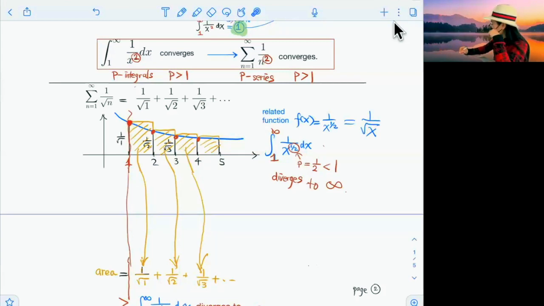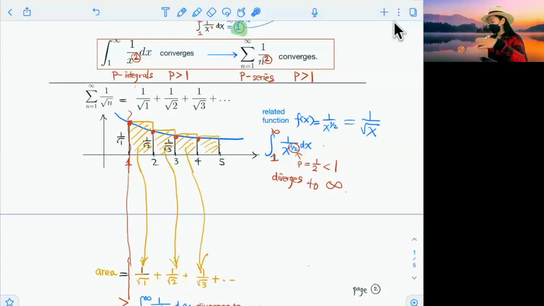Because it's decreasing, the left-hand point is always the highest point in the interval, since everything else is going to be less than that. So when you take the left-hand point, this rectangle is going to be above the area under the curve. The key information is that the function is decreasing. That's why it is above.